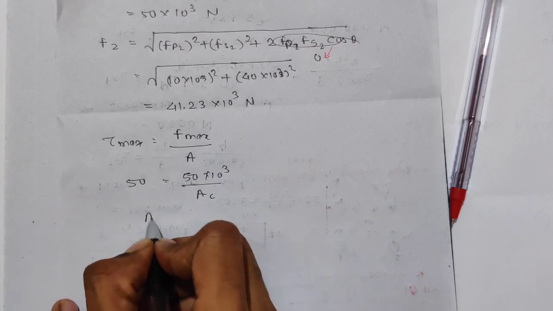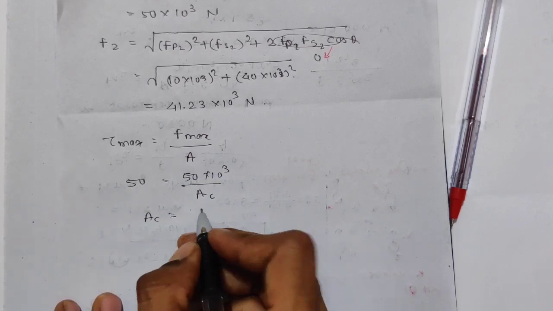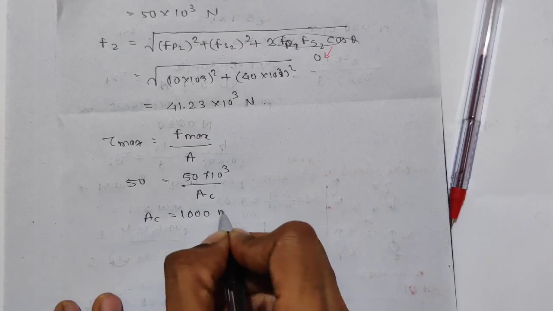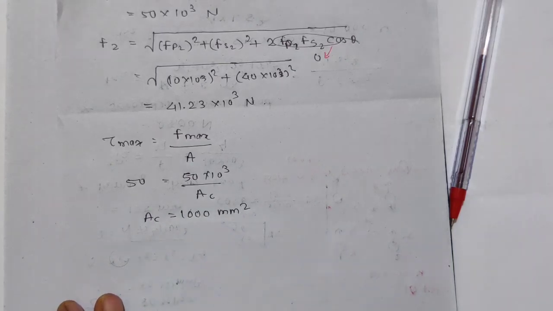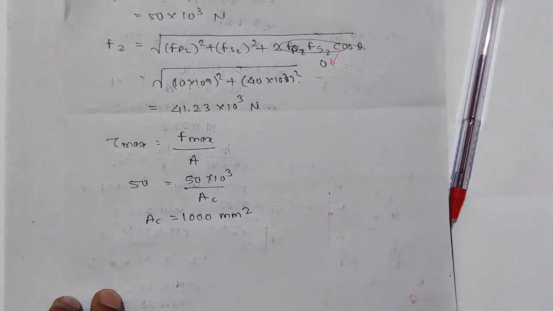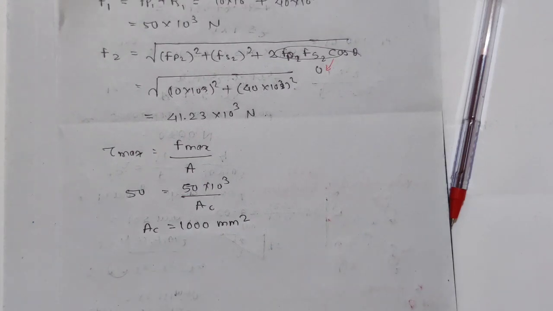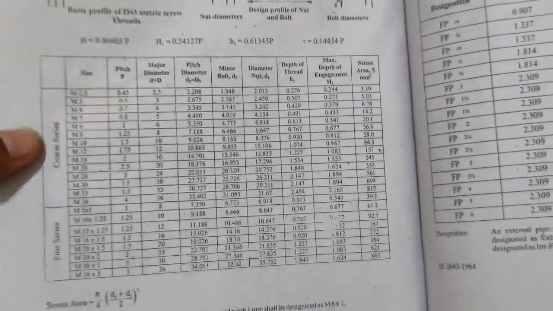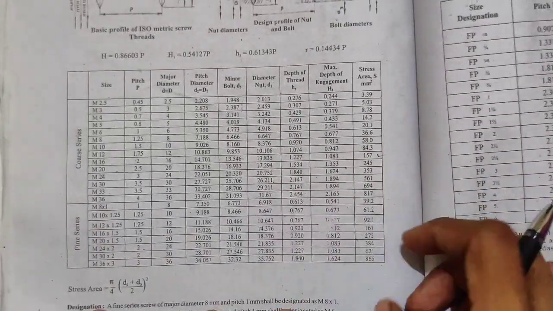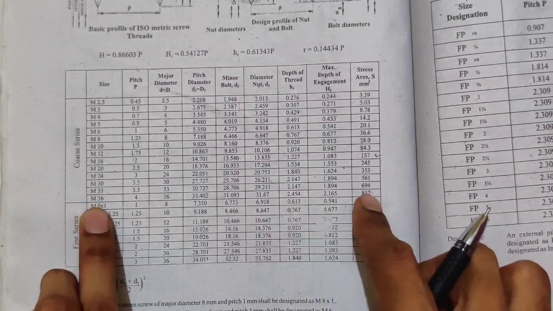From here you can find the cross section area, that is 1000 mm square. Now 1000 mm square is not in PSG 5.40. You can check over here, it is not in 5.40.